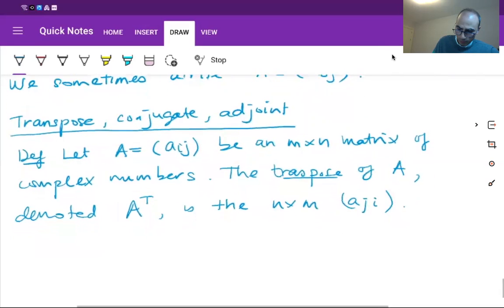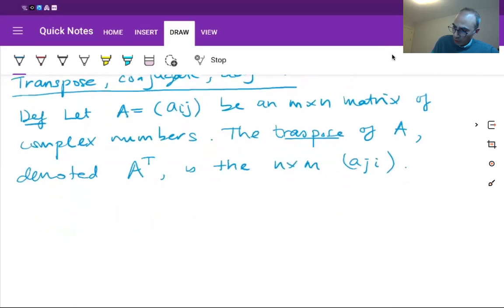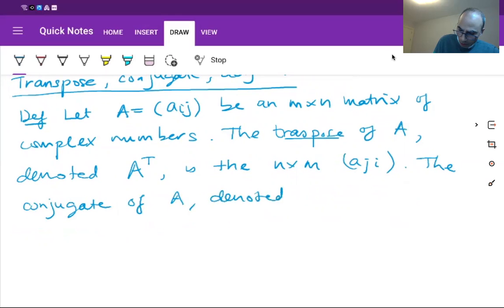And the conjugate of A, denoted A bar, is the m by n matrix Aij bar.